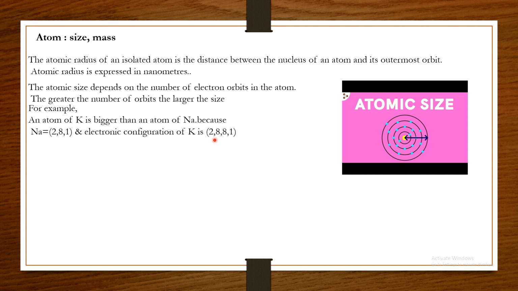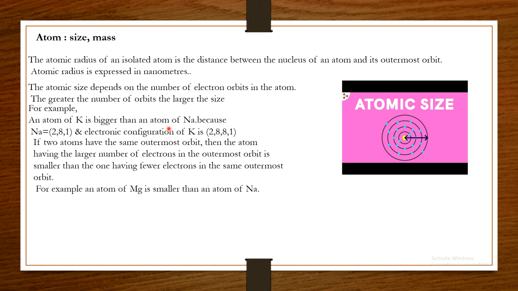So the atomic radius of a potassium atom is larger than the atomic radius of sodium, because atomic radius depends upon the number of orbits. So here you can easily say that the atom K is bigger than the atom sodium Na.